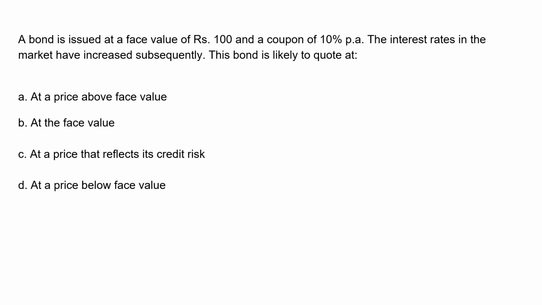So the question is whether this bond is likely to go at a price above the face value, at the face value, at a price that reflects its credit risk, or at a price below the face value. So friends, the correct answer is at a price below the face value. When the interest rates are rising, the price value of the bonds will go down. Okay, that is how the market logic works.